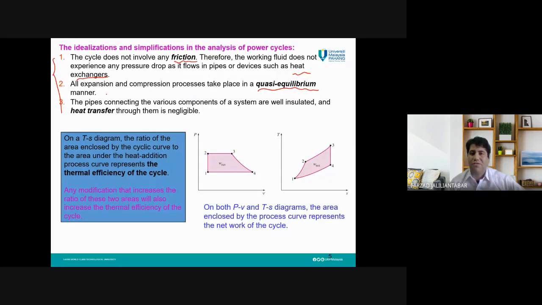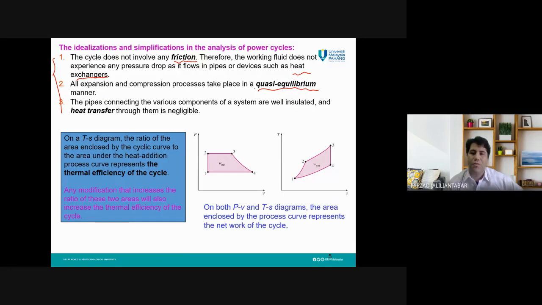I hope you already remember what is quasi-equilibrium process actually. Quasi-equilibrium process means during that process, the state of the system remains almost equilibrium or constant.